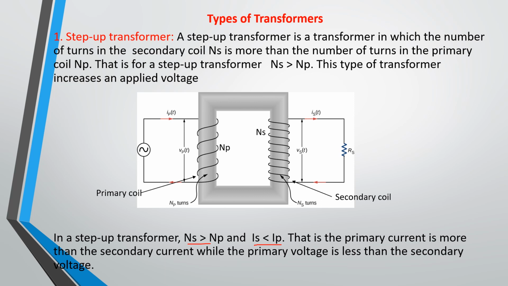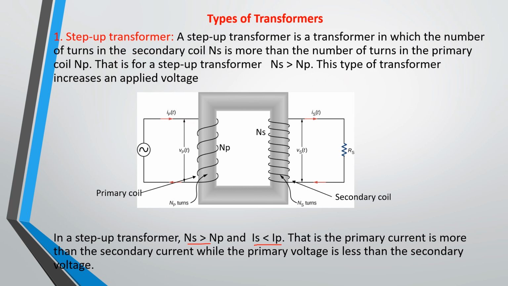So what that means is that the primary current is more than the secondary current, while the primary voltage is less than the secondary voltage for this type of transformer. So this is a step up transformer.